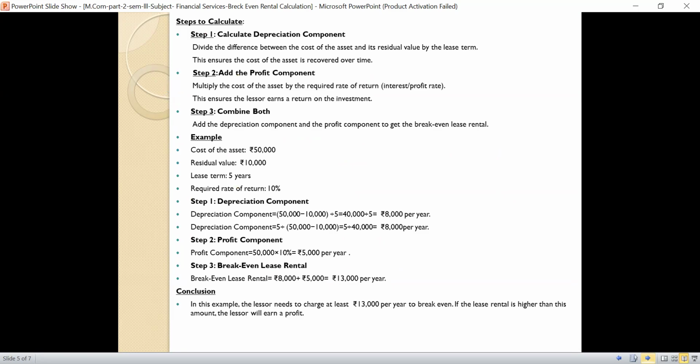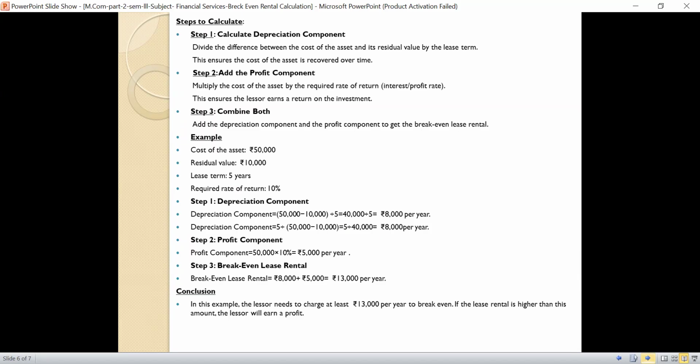Next, steps to calculate. First step, calculate depreciation component. Divide the difference between the cost of the assets and its residual value by the lease term. This ensures the cost of the asset is recovered, which means step 1, calculate depreciation component.